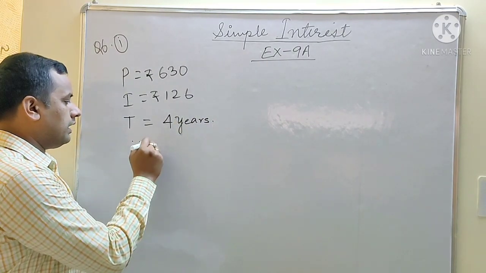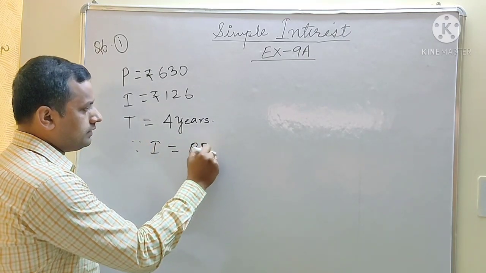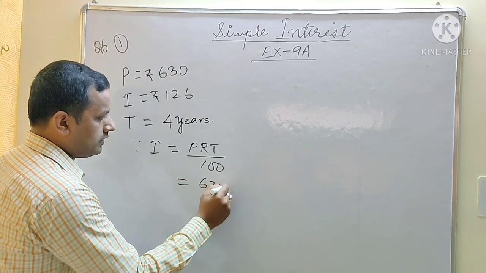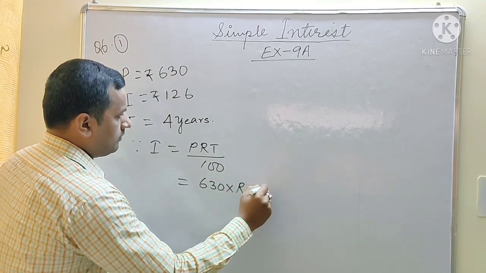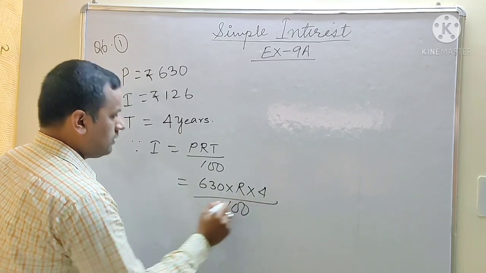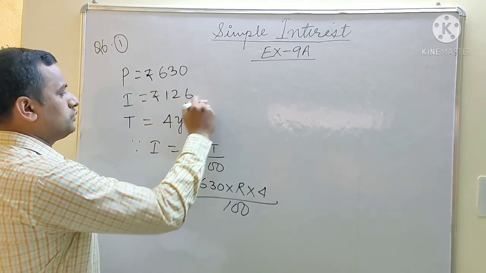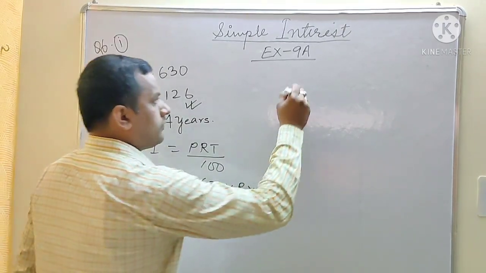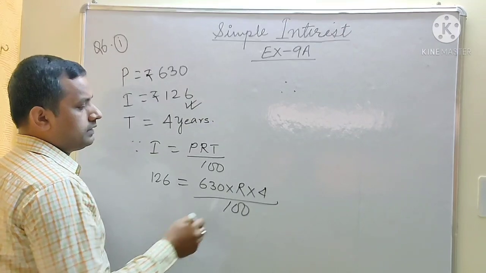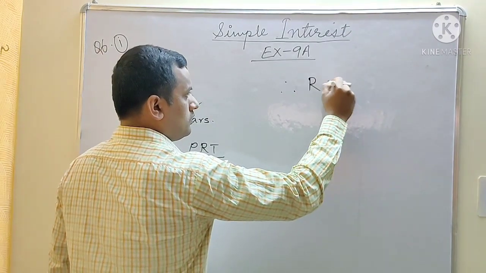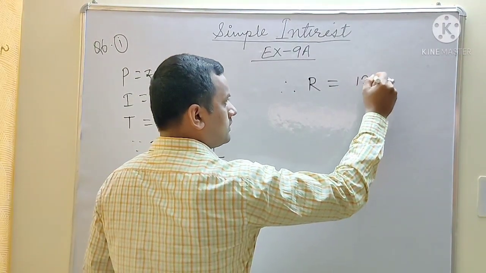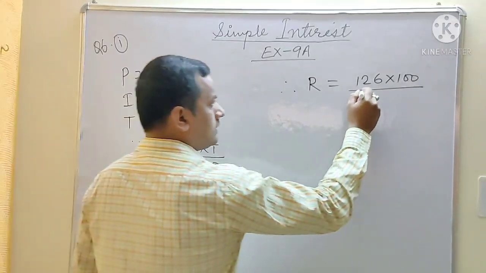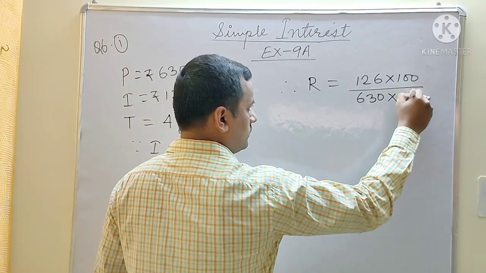Since you know I is equal to PRT by 100, P is given 630, rate is not known, time is given 4 upon 100, interest is 126. So we will leave this R, therefore we can write R is equal to 126 into 100 upon 630 into 4.